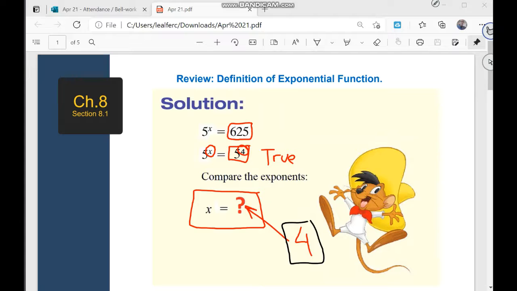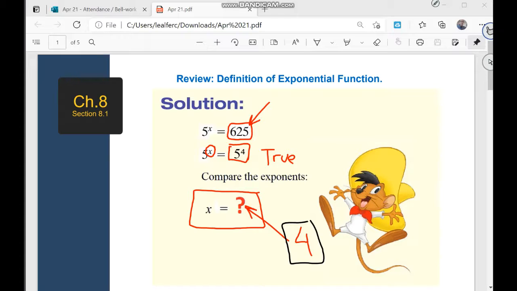In this example, we could manage to find the answer because we are able to factor out 625. We know that 625 is 5 exponent 4. But most of the time, it will not be that easy. We're going to have a number that we cannot factor out like this.